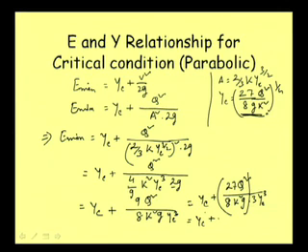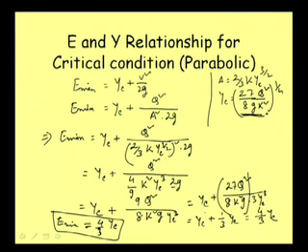So, ultimately it will be 1/3 of yc, and this can be written as 4 by 3 yc. So, the expression can be written as E minimum is equal to 4 by 3 yc.